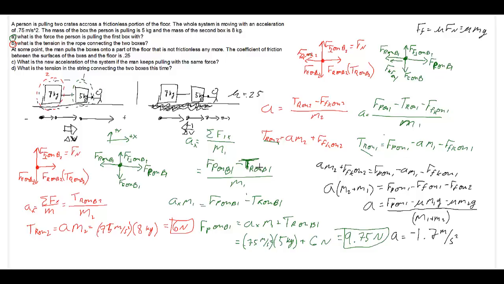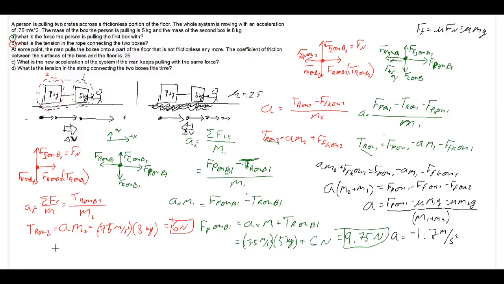From here, we can find what is the tension in the string connecting the two boxes, because it's as simple as plugging our acceleration into either one of these equations that we had before, right? And just solving for this. So let's do it for this one since it's shorter, okay?